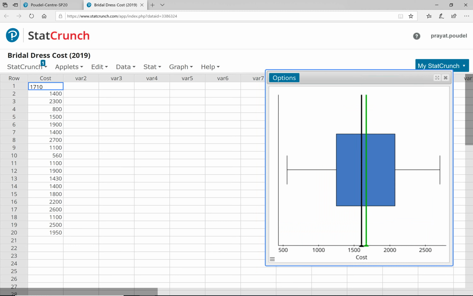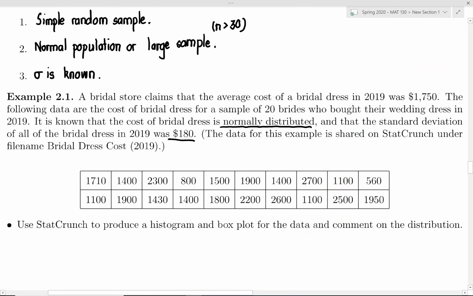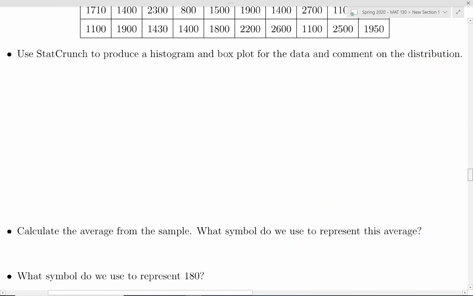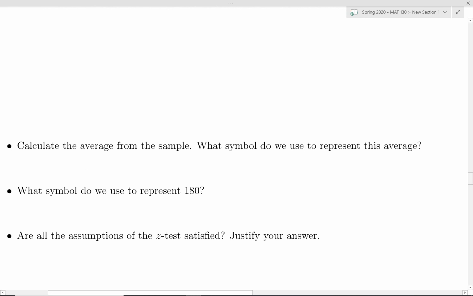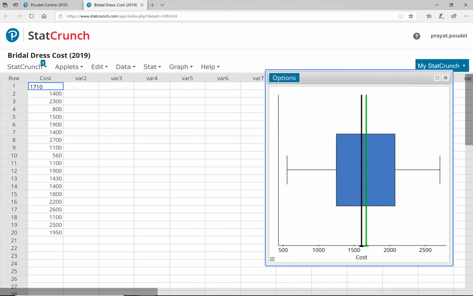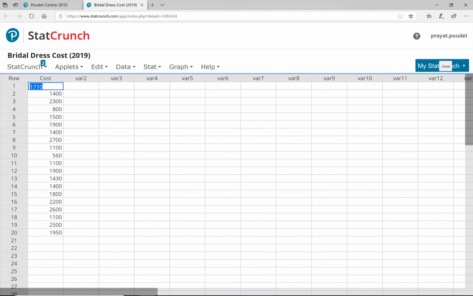All right, so let's go back to our worksheet. We used StatCrunch to produce the histogram and box plot. Now we want to calculate the average from the sample. So we're going to go back to StatCrunch. Let me close that. I'd like to find the average of this data.